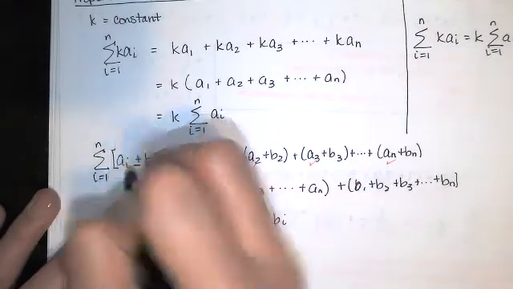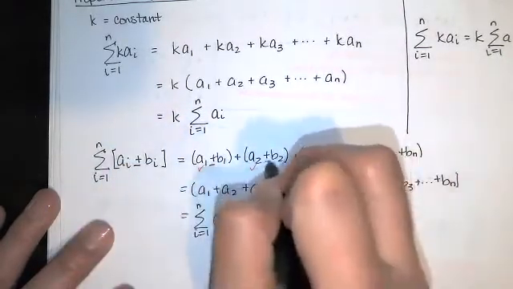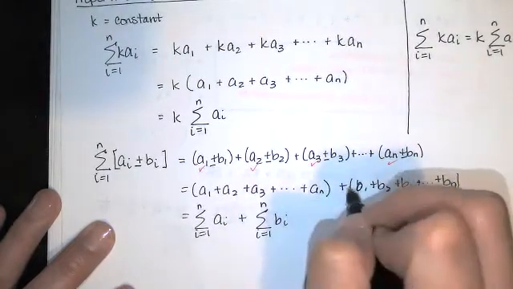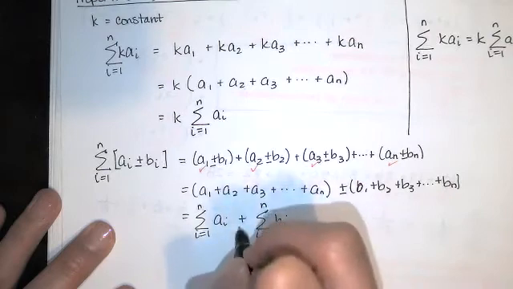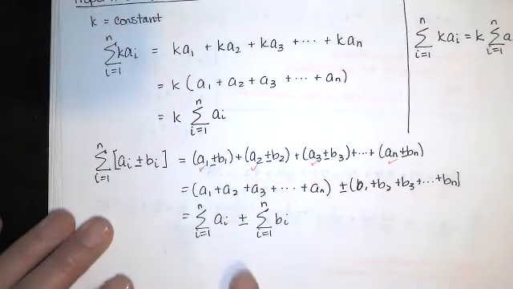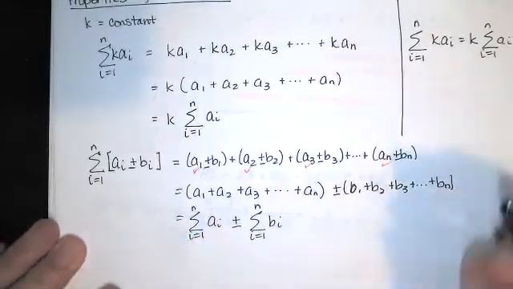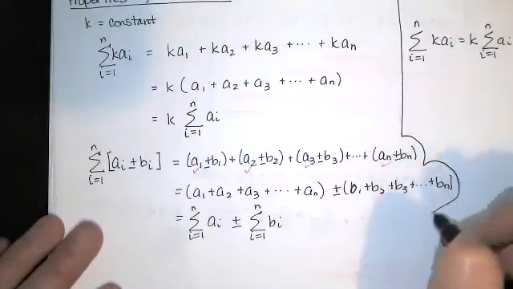Now, if I happen to be subtracting instead, then that would just make that a minus, and that would make that a minus. So whenever you see this plus or minus, that is literal. This is just shorthand for two separate rules or two separate properties.